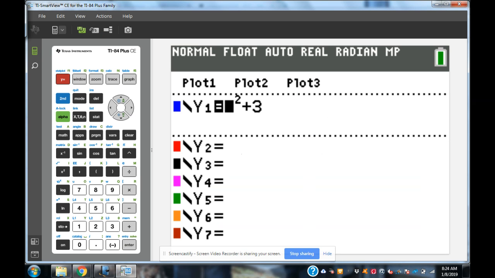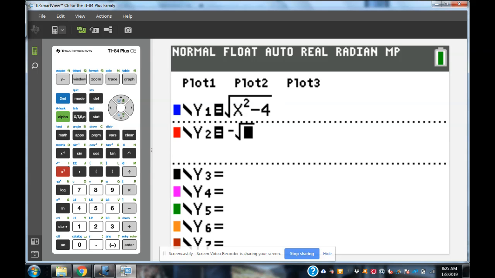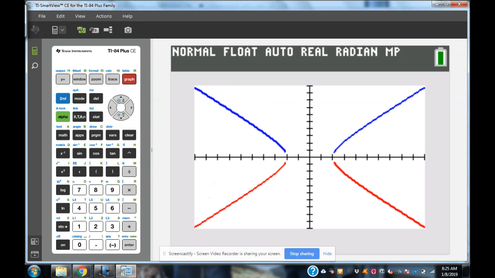So I would graph square root of x squared minus 4, and then on y2, I would graph negative square root of x squared minus 4. And I've got to remember that that makes one graph. It's actually one equation that we're dealing with there.